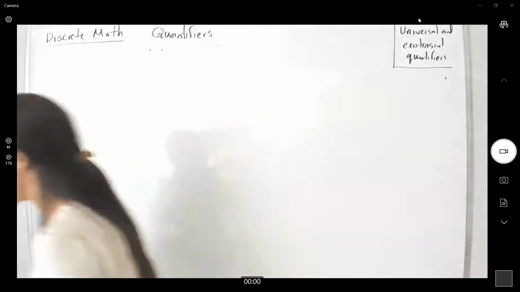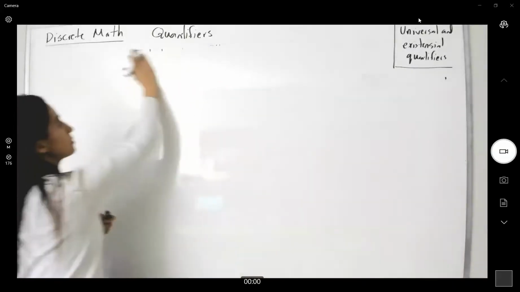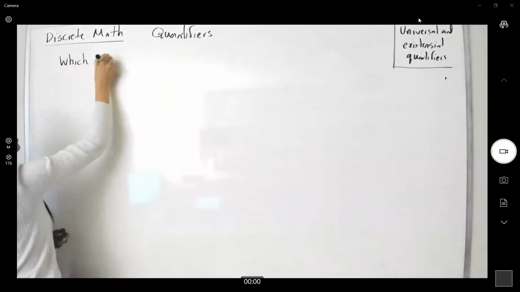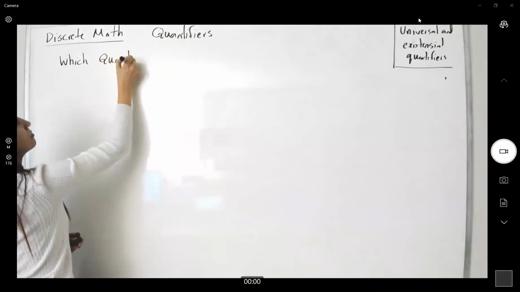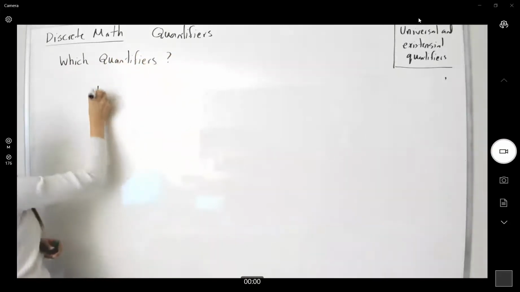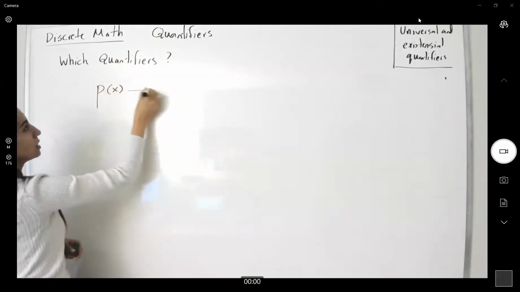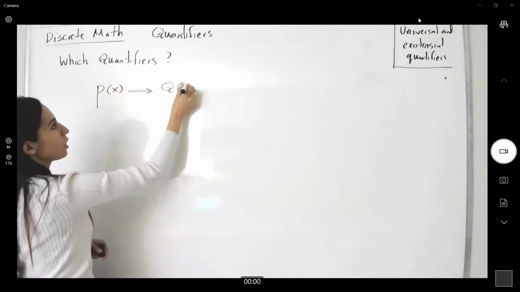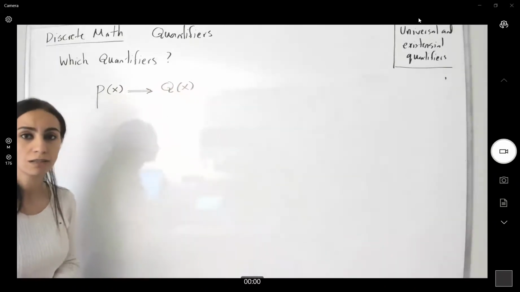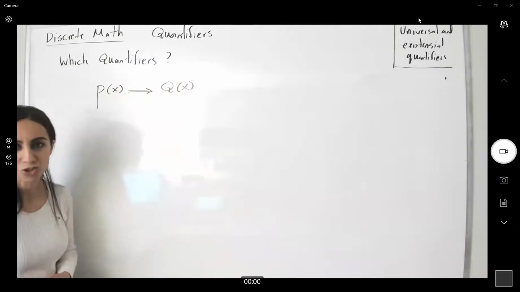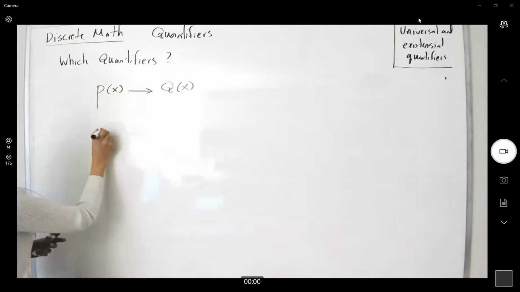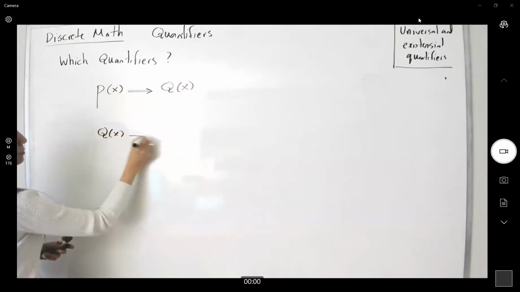Which quantifiers? If you have p(x) implies q(x), what are you going to use? You're going to use a universal, or you're going to use an existential quantifier. What if you have, for example, the converse?